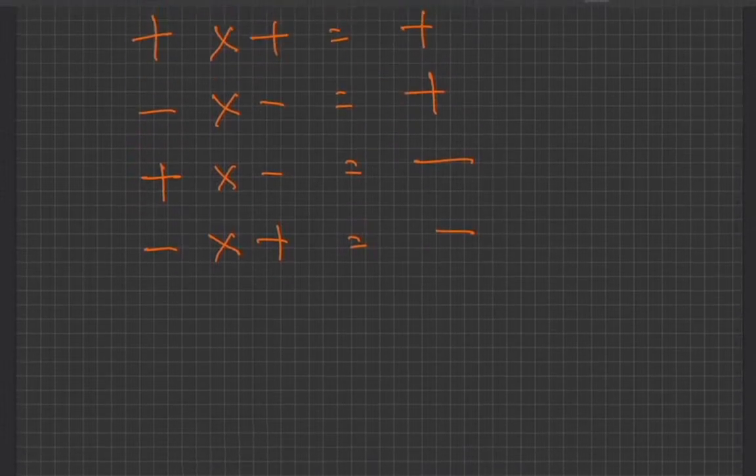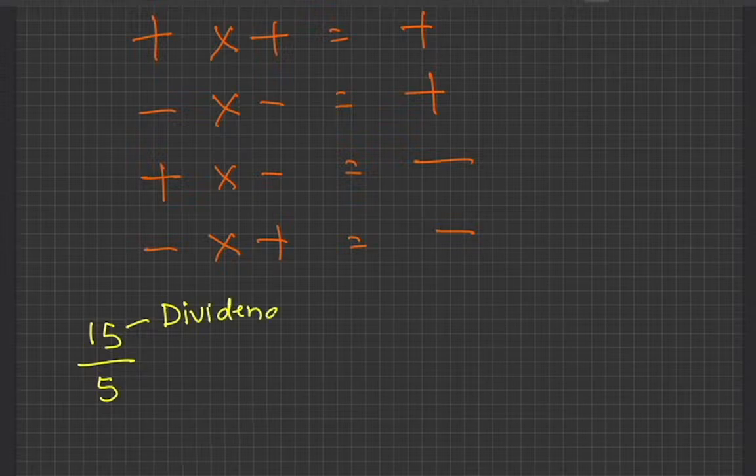In arithmetic, if you recall, if you're doing division, let's say I have 15 divided by 5, you know, so 15 is called the dividend, 5 is called the divisor.